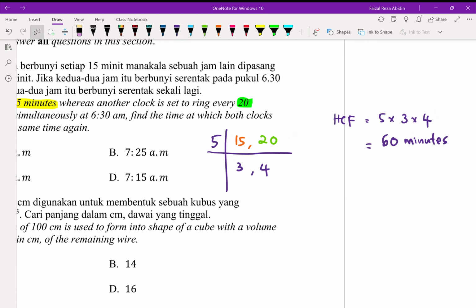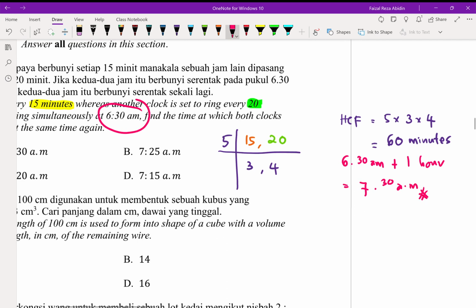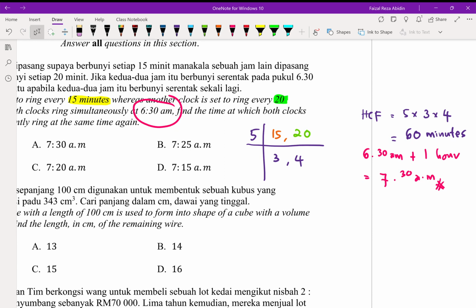So if the first ring is at 6:30 a.m., it means that after 1 hour or 60 minutes it is going to be 7:30 a.m. That's going to be our answer.